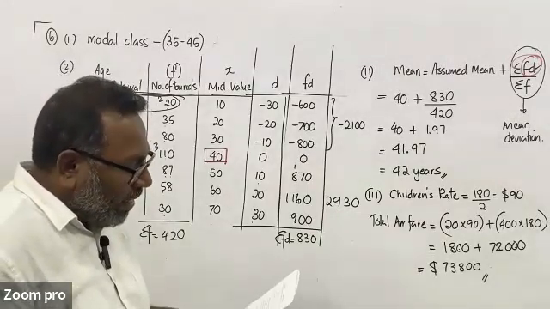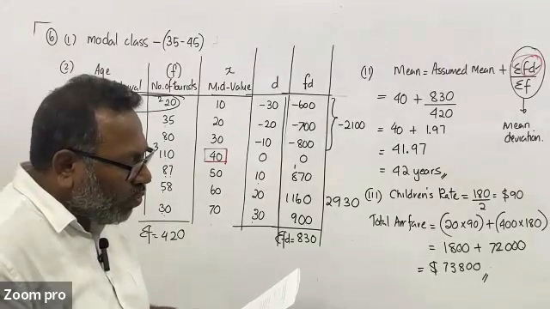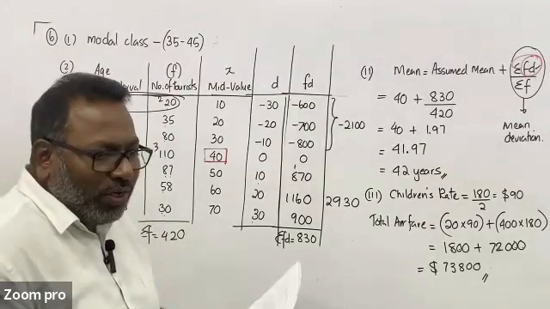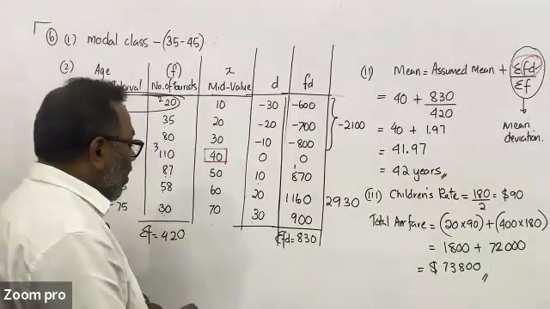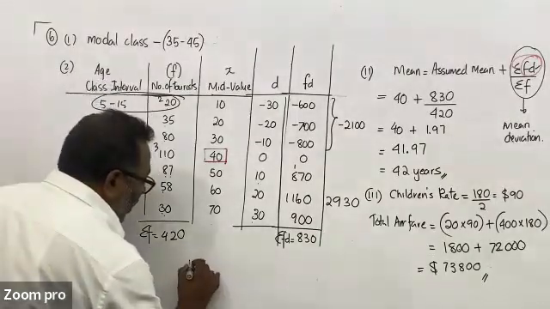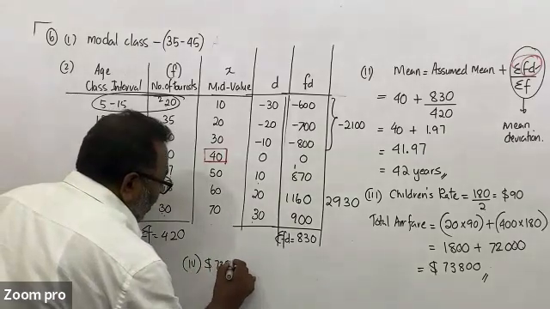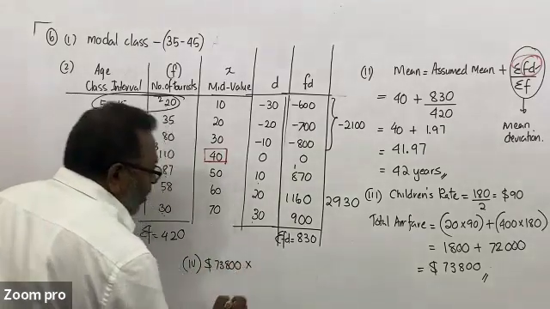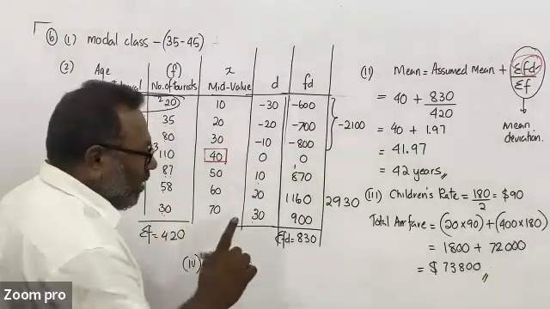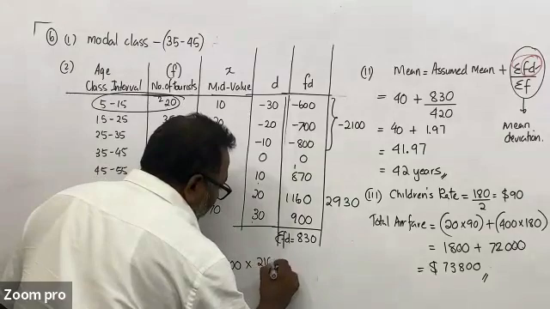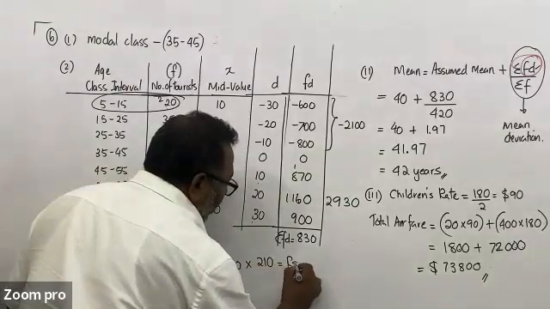Right. Then they are saying if the US dollar is 210 rupees, find the income in Sri Lankan rupees. My goodness. Okay. So fourth question, $73,800 into each dollar is how much? 210 rupees. So what is your Sri Lankan rupees going to be?